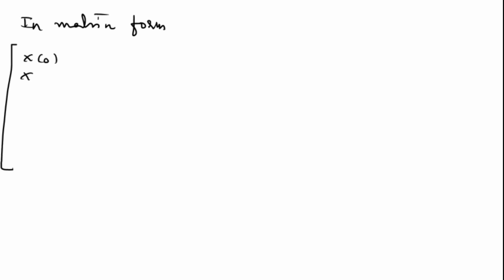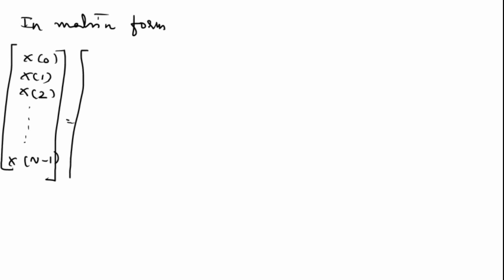So in matrix form, we can write the previous equation as follows. On the left hand side it is X(0), X(1), X(2), so on up to X(N minus 1), equal to a matrix whose first row is omega N of 0 everywhere.